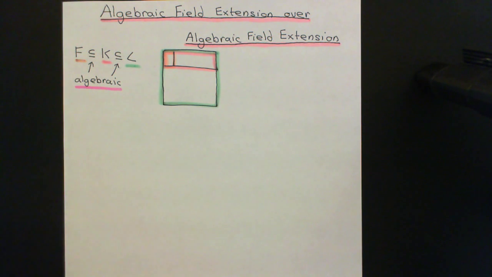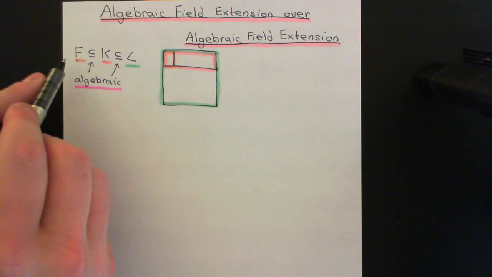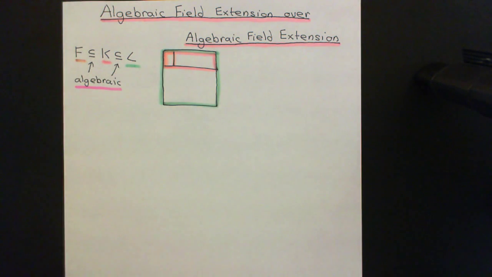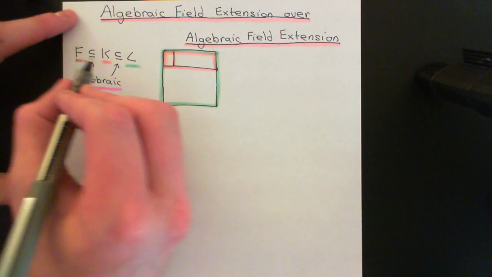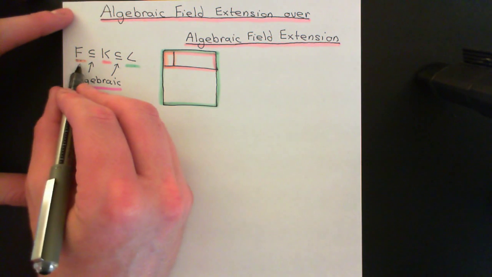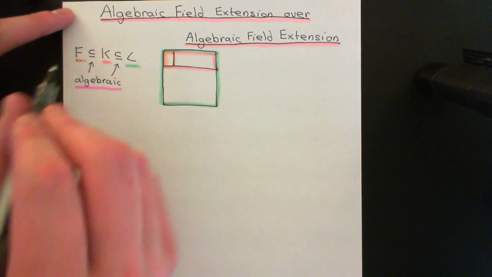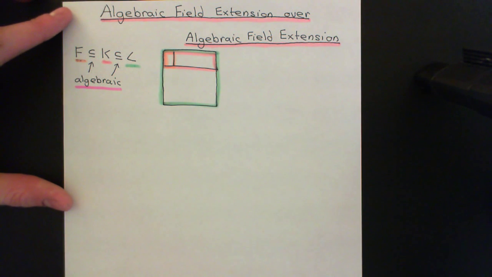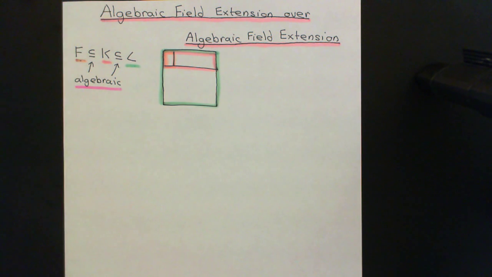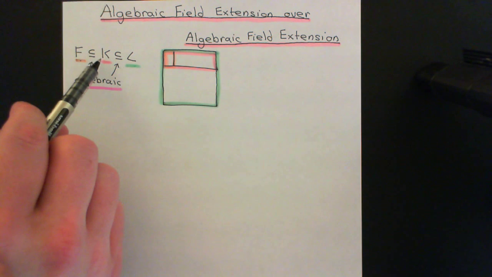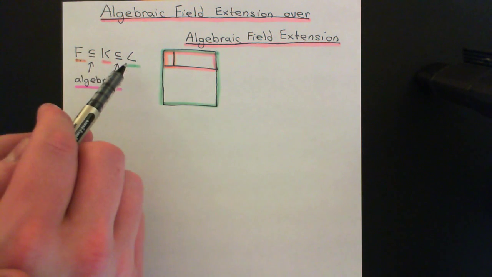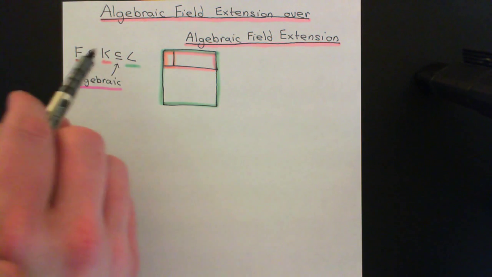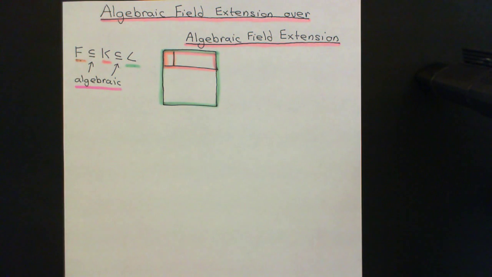What we now want to prove is, given these two facts, that K is algebraic over F and L is algebraic over K, that L is algebraic over F, i.e. that all elements of L are the roots of some non-zero polynomial in the ring of polynomials with coefficients from the field capital F. So we want to prove that if we have an algebraic field extension over F, and then another algebraic field extension of that over K, then the net field extension from F to L is going to be an algebraic field extension.